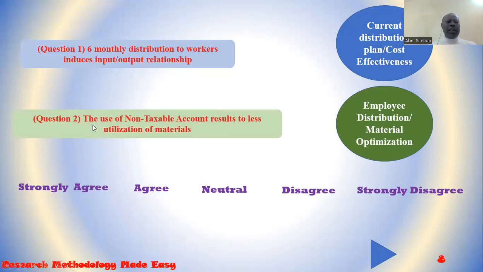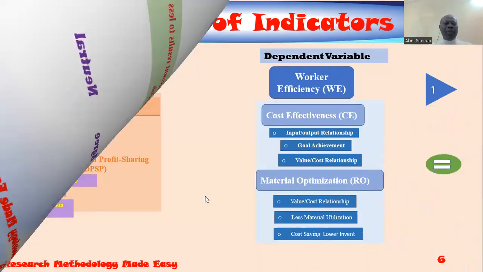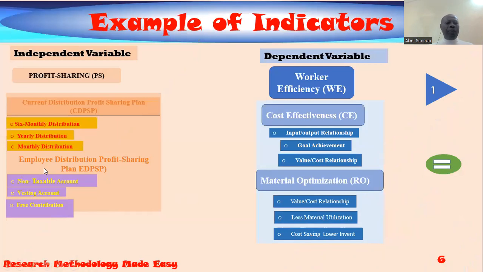Question number 2, I asked, the use of non-taxable account results in less utilization of material. Where did I get this from? I got it from the indicators of my factor dimension. It said non-taxable account.